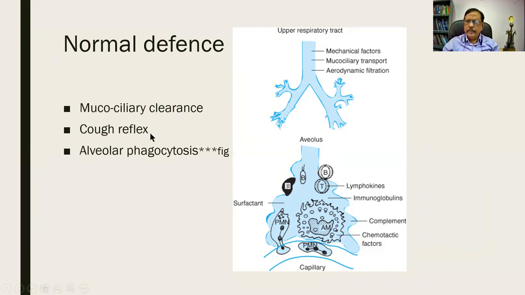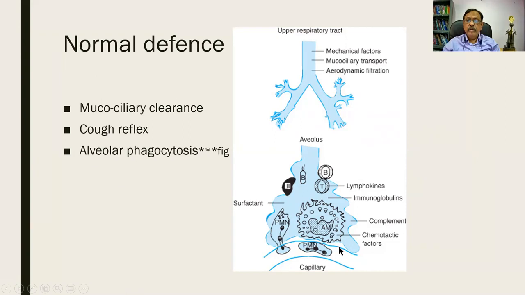A cough reflex, whenever there is an irritant, it is coughed out by means of this reflex. And there is an alveolar phagocytosis. So there are the mechanical factors, things are being filtered, mucociliary apparatus is there, and whatever goes in comes out, an aerodynamic filtration.